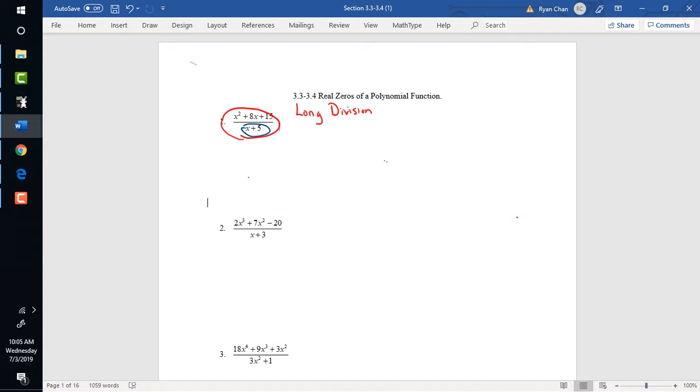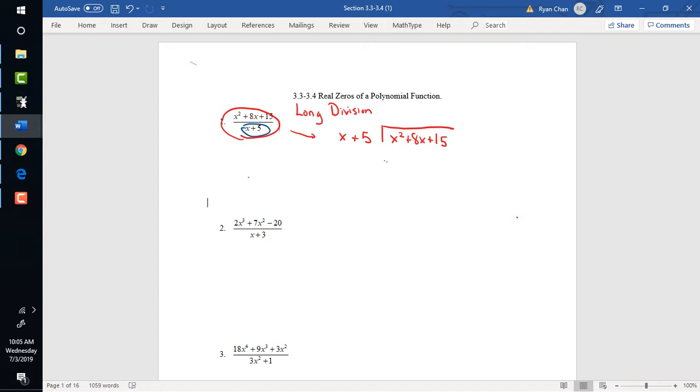If it's in fraction form, your top object will be written inside, and your denominator will be written on the outside. So I'm saying x squared plus 8x plus 15, I'm dividing it by x plus 5.